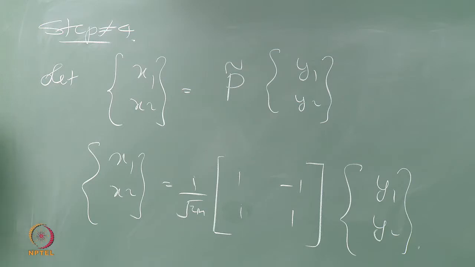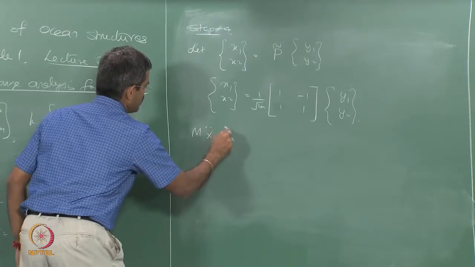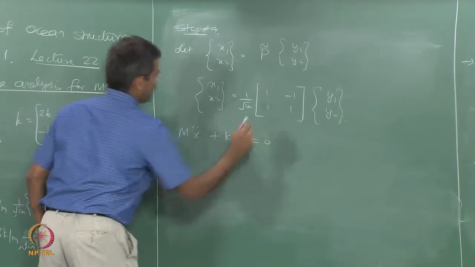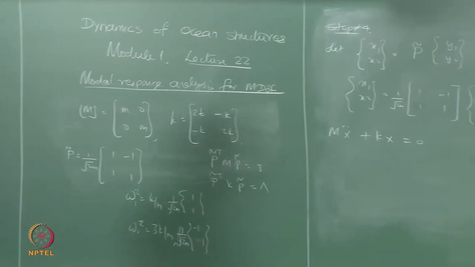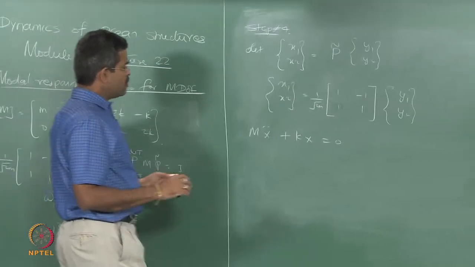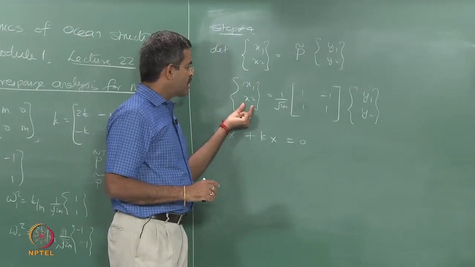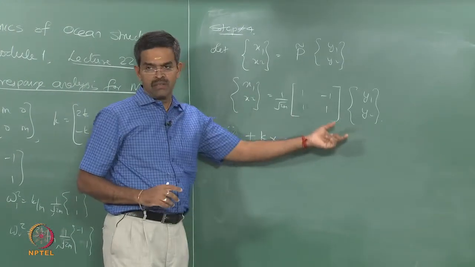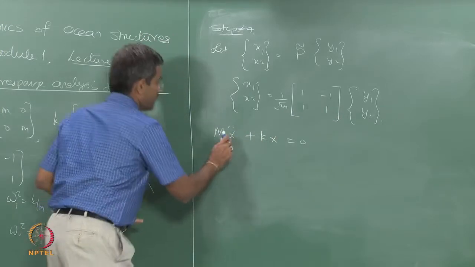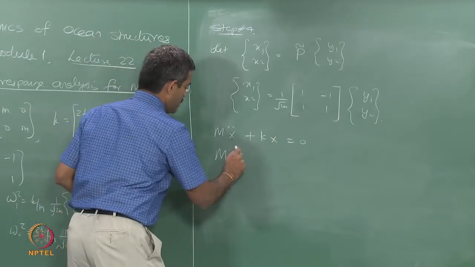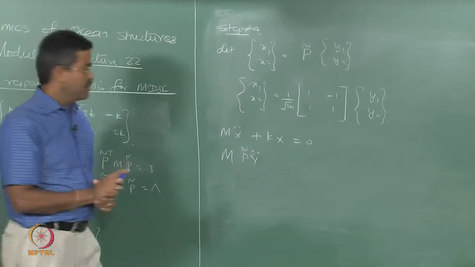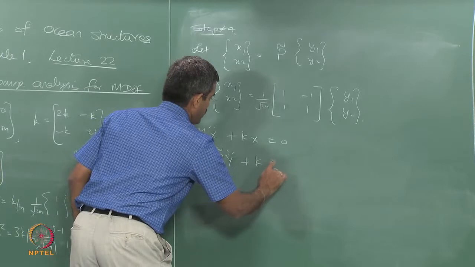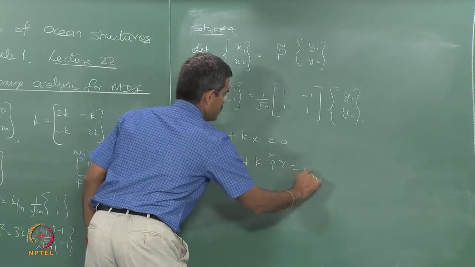Now m x double dot plus k x is set to 0, that is the original equation of motion. I rewrite the equation of motion because I know x vector is p tilde times y vector. Therefore, m x double dot vector will be p tilde times y double dot vector plus k of p tilde of y.